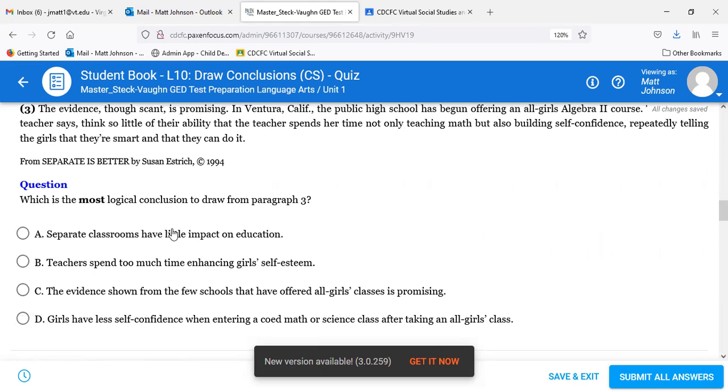So what is the most logical conclusion to draw from the last paragraph there, paragraph 3? Is it A, separate classrooms have little impact on education, B, teachers spend too much time enhancing girls' self-esteem, C, the evidence shown from the few schools that have offered all girls classes is promising, or D, girls have less self-confidence when entering a co-ed math or science class after taking an all-girls class.